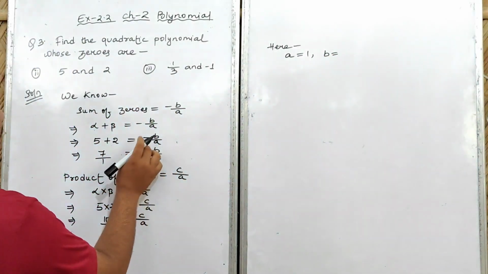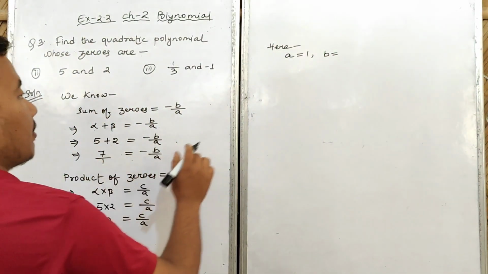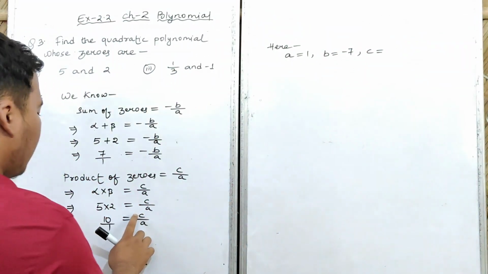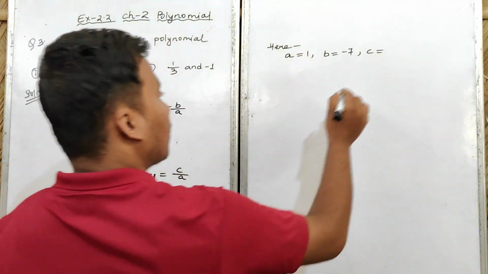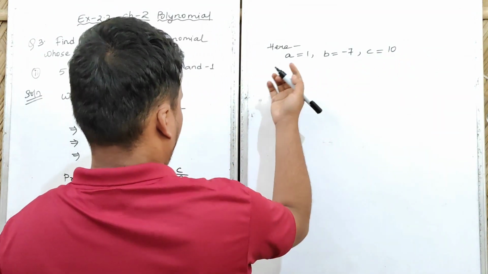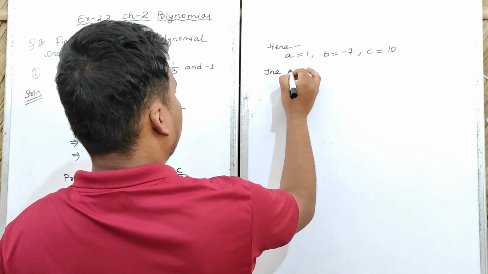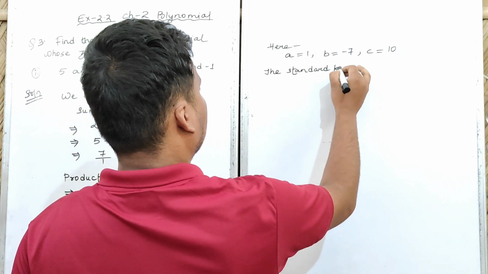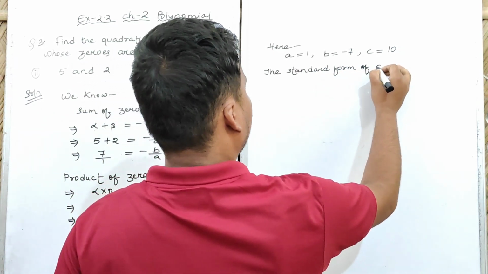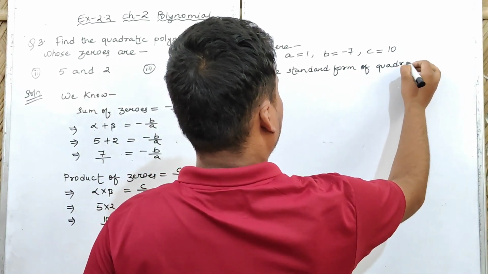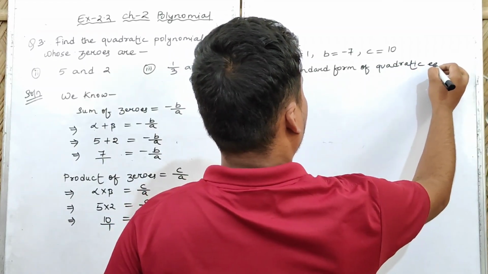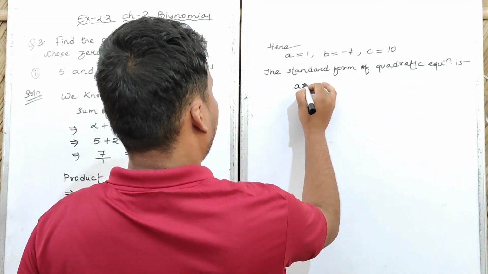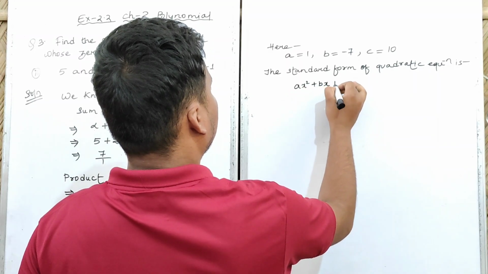Now b, if you compare this minus, if you shift this side it will become -7. So -7, and c how much you got, c value if you check you got only 10. So c write 10. Now write the standard form of quadratic equation. The standard form of quadratic equation is ax square plus bx plus c.